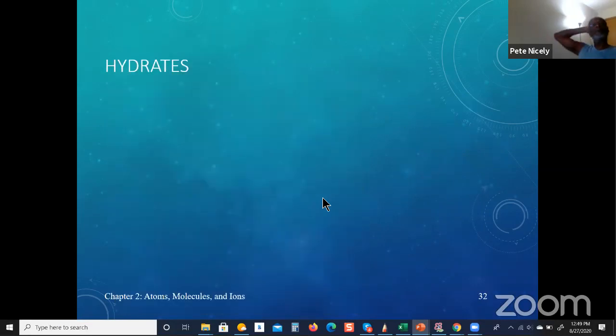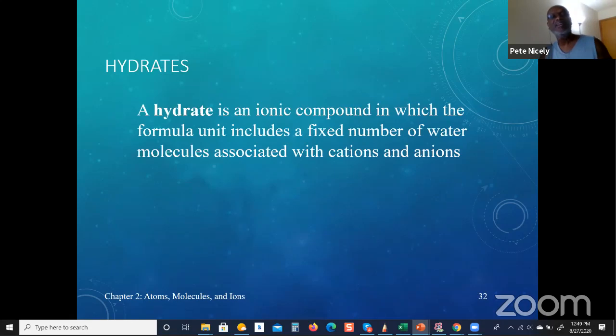Now, here is a group of compounds that I don't think you'd have met before in your introductory chemistry or high school chemistry. These compounds are known as hydrates, and they're very unique because these are ionic compounds, but in addition to the ionic unit, you also have a fixed number of water molecules associated with each formula unit. So here are 2 examples.